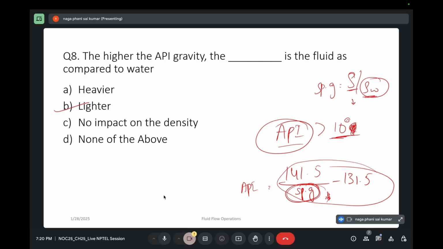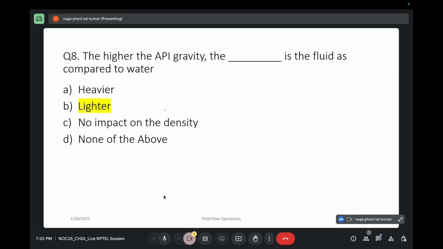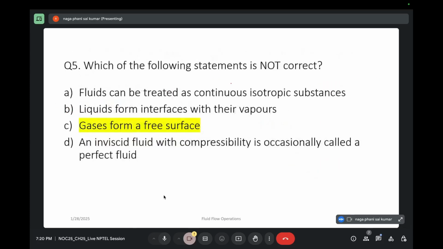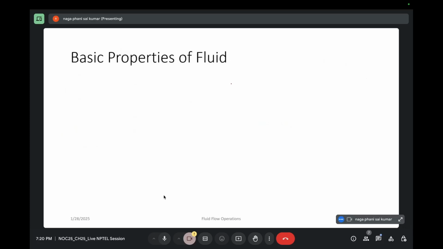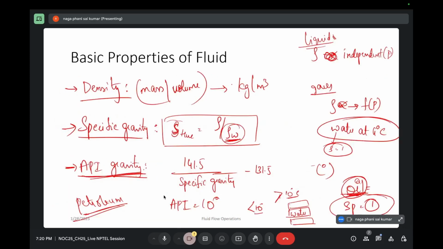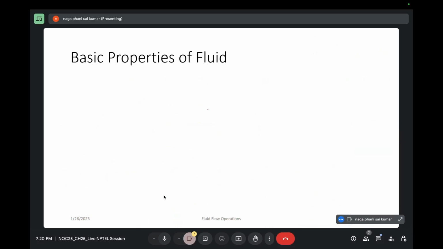If you don't understand, I can repeat it. Do you want me to repeat it? Okay, so API gravity is nothing but, what is the formula? I'll just say the exact formula. 141.5, right? Yeah.